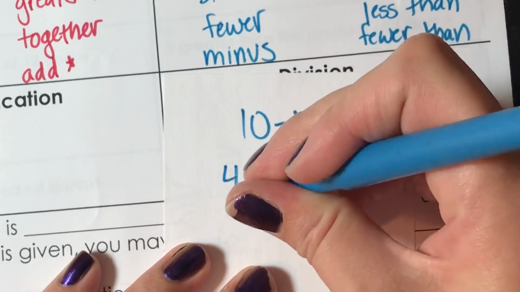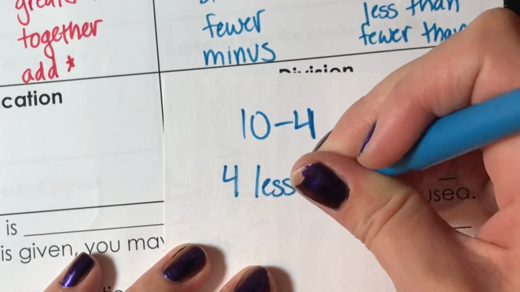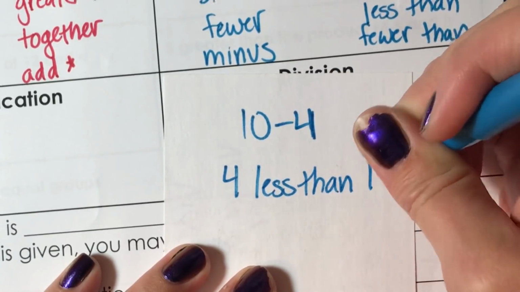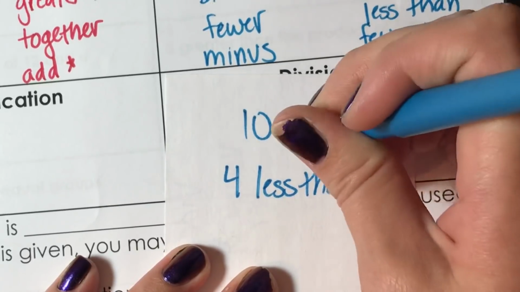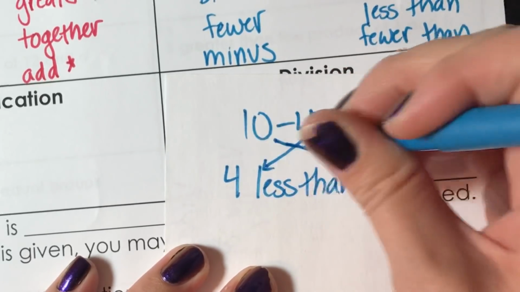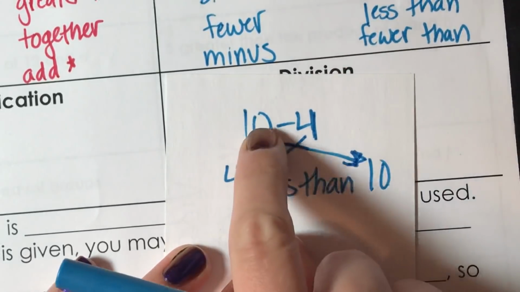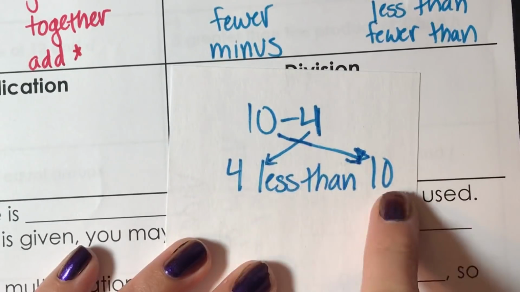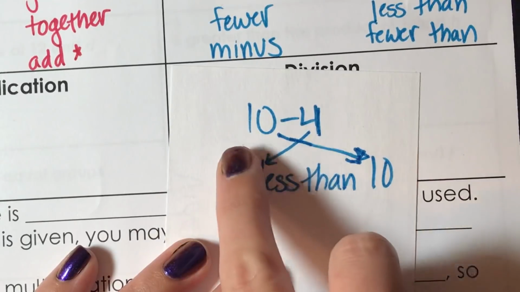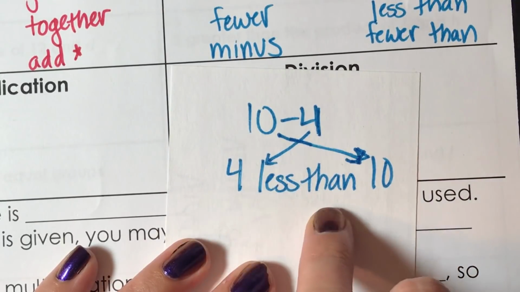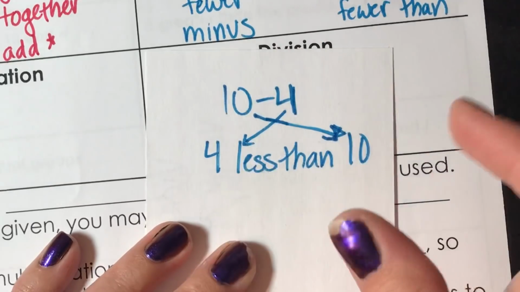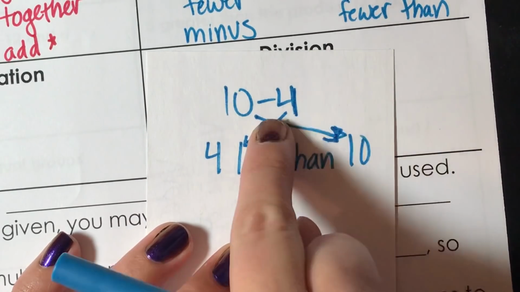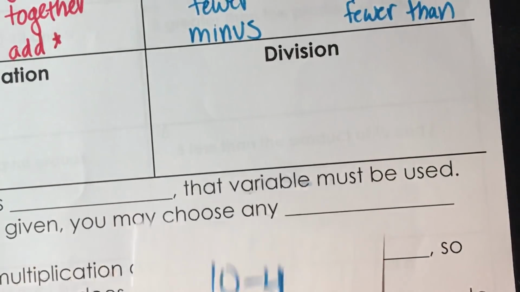I need to say 4 less than 10. See how they're switched in position? If I'm using this switch phrase, I need to switch the order. 10 minus 4 is the same as 4 less than 10. I'm taking the 4 away from 10.